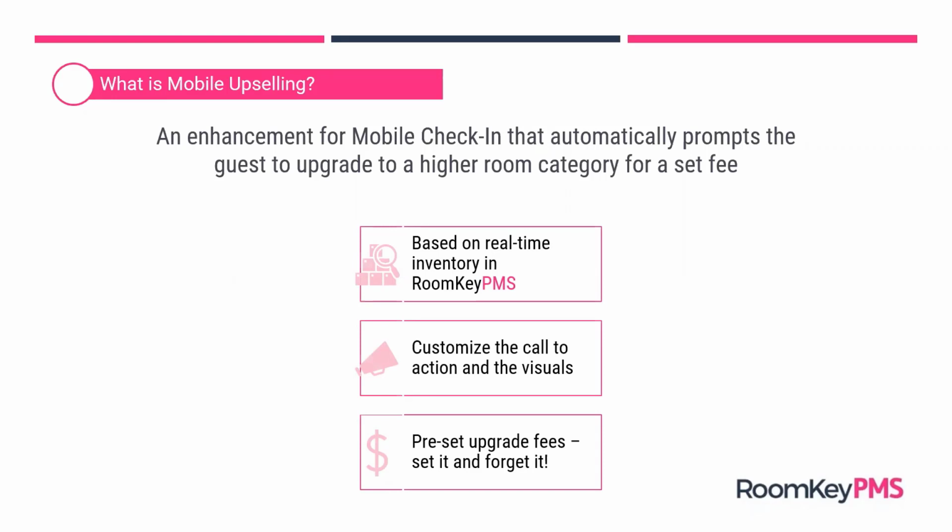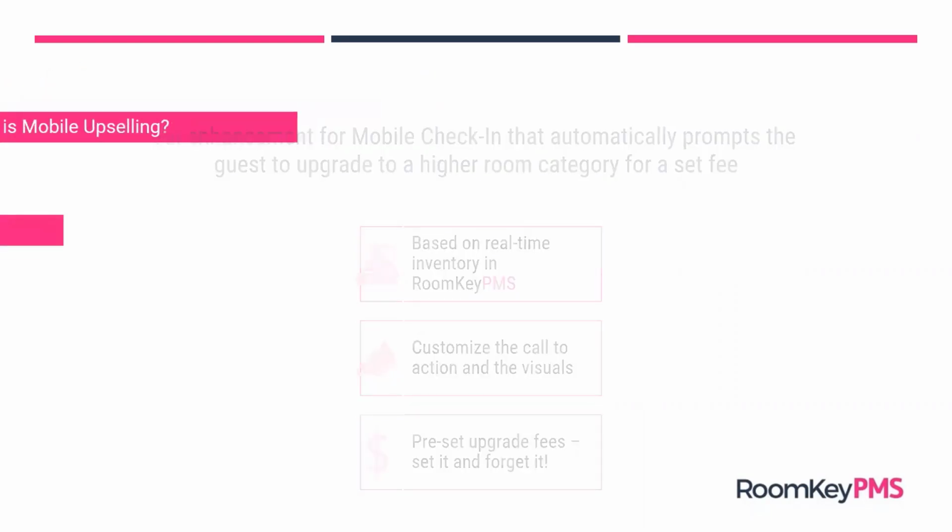It's automatically looking at your real-time inventory in your database. You can customize a call to action and the visual prompts that the guest sees when they go through and are prompted to upgrade during that check-in process. And you can also preset these fees. So you don't have to constantly manage those fees or the inventory. It's preset or automatic for you.